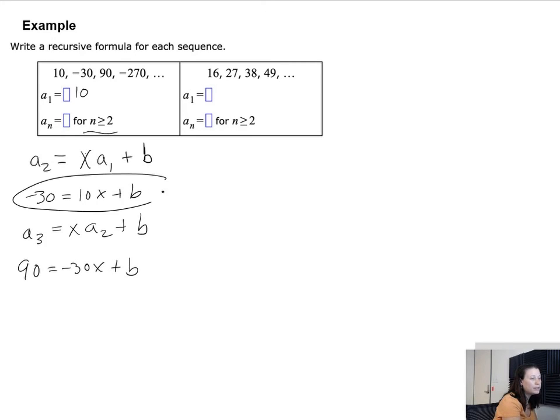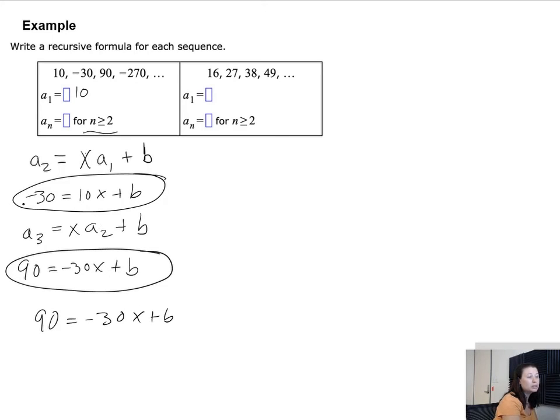Well, now we have this equation and we have this equation. So we can set that up. We can get rid of b right away, right? By just subtracting. So if we take 90 is equal to negative 30x plus b, multiply this whole equation by negative, so we get 30 is equal to negative 10x minus b, and add them together.